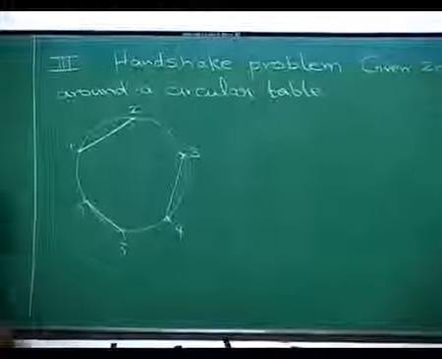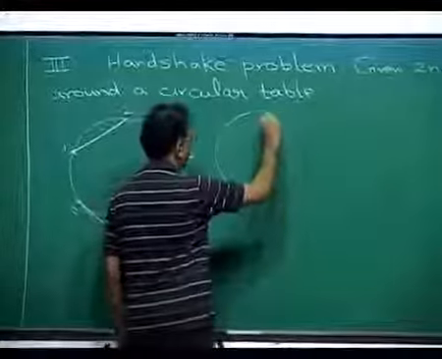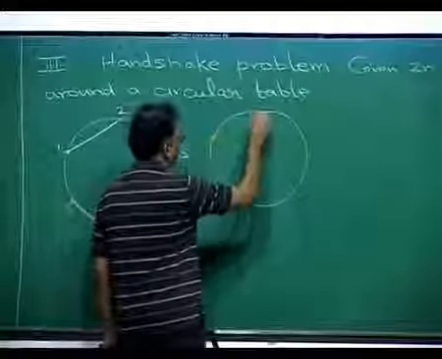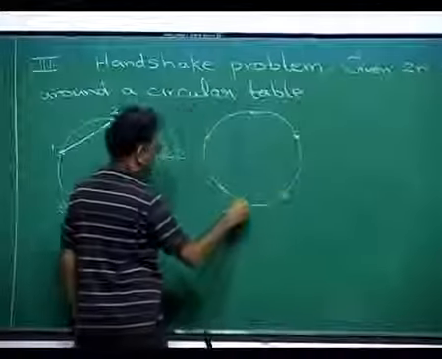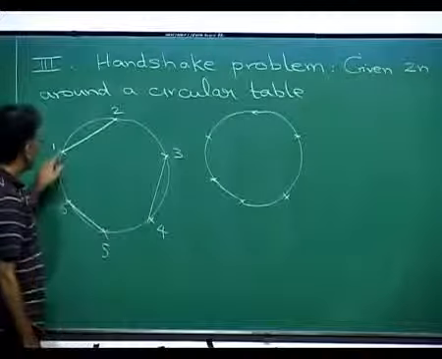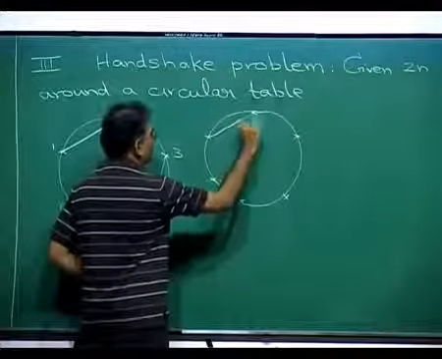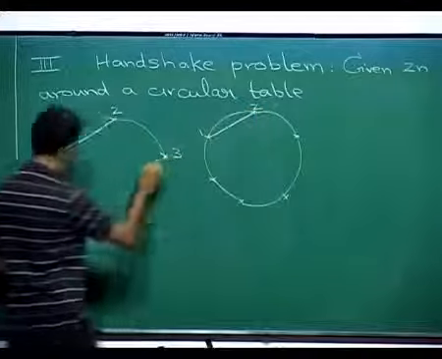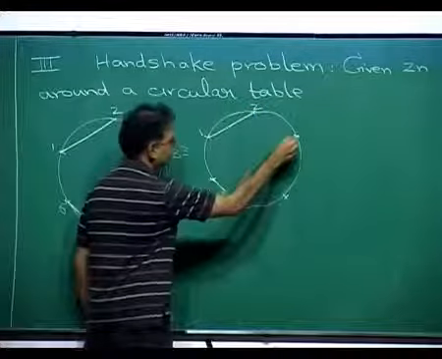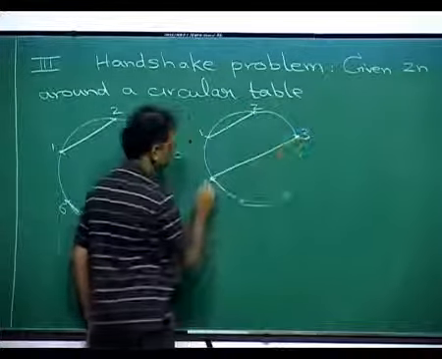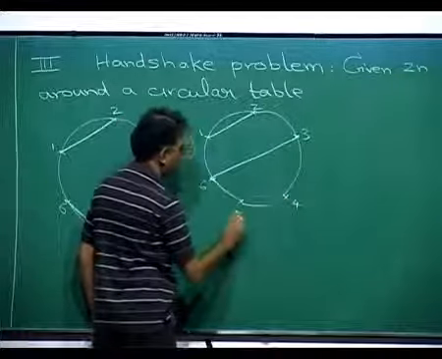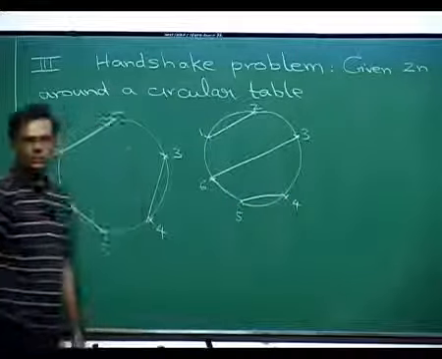That is one configuration. And there are others. Maybe 1 shakes hands with 2, 3 with 6, and 4 with 5. That's one configuration.